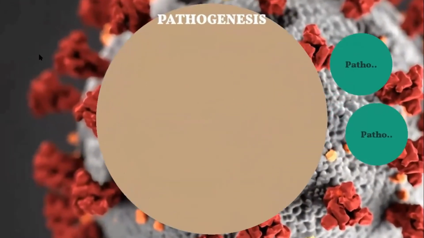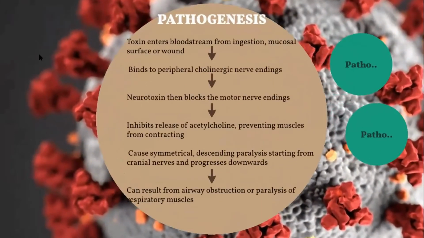The pathogenesis of botulism: when the toxin enters the bloodstream from ingestion, a mucosal surface, or a wound, it binds to peripheral cholinergic nerve endings.